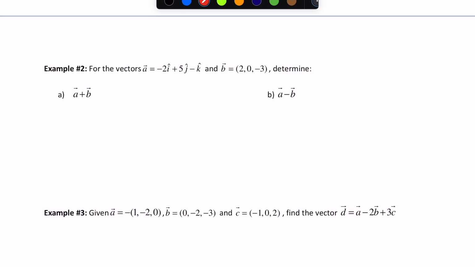Okay, so example 2 says, for the vectors, vector a is equal to negative 2i plus 5j minus k, and vector b is equal to 2, 0, negative 3. Determine a plus b.